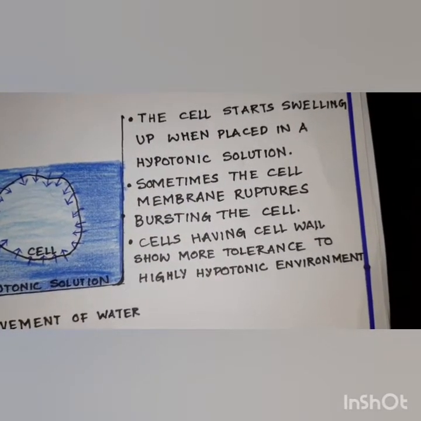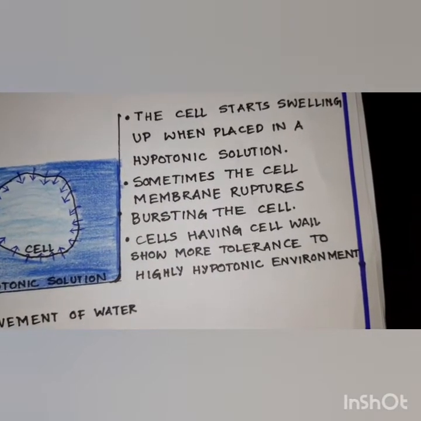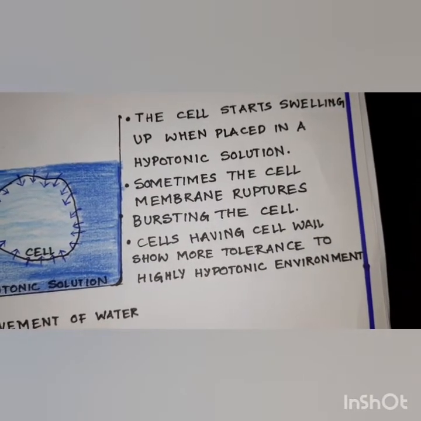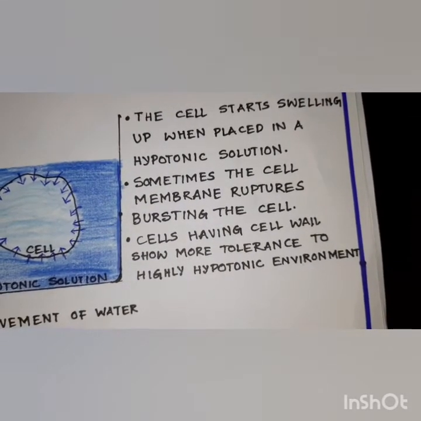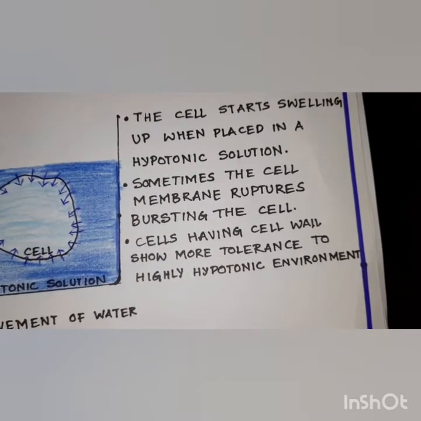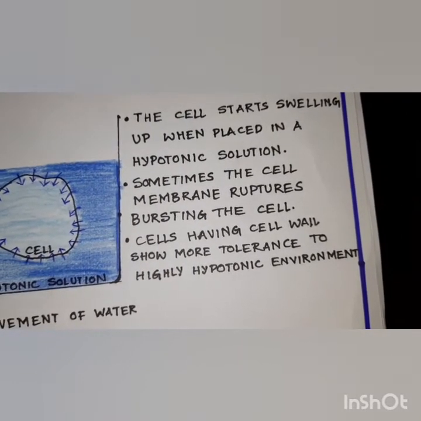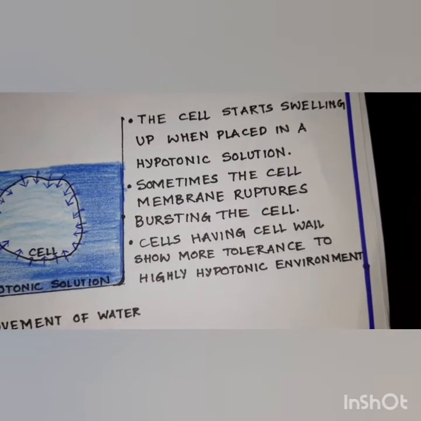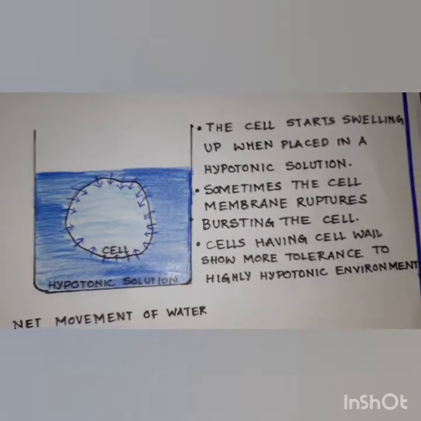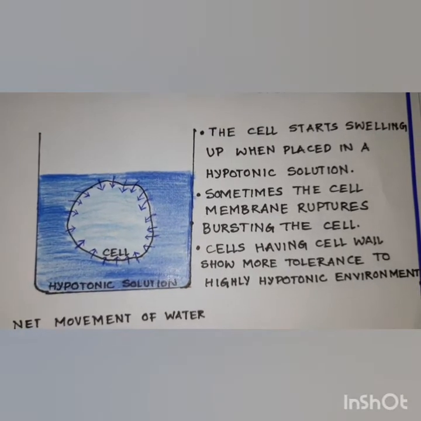They show more tolerance to highly hypotonic solutions because the cell wall does not allow the easy bursting of the cell membrane. So such cells which have a cell wall show more toughness when they are subjected to a hypotonic solution.